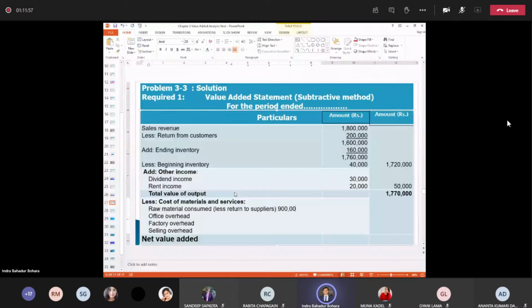Not given, so opening and closing are both zero. Out of which, if there is return to supplier, that should be deducted, 1,60,000.